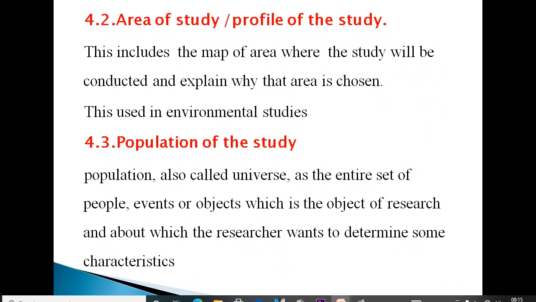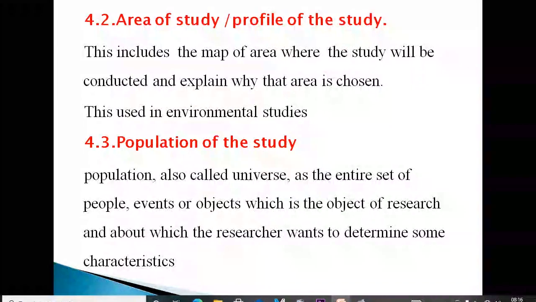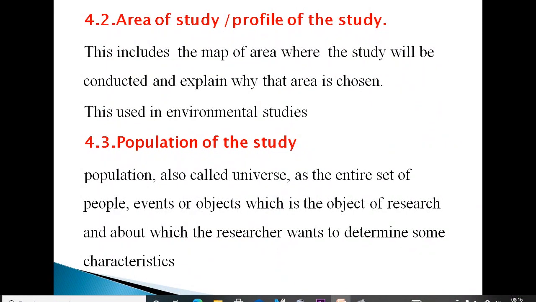After presenting the area of the study, the researcher presents in his methodology what we call the population of the study. So what is the population of the study? The population of the study is also called the universe. It is the entire set of people, events, or objects which is the object of research and about which the researcher wants to determine some characteristics.